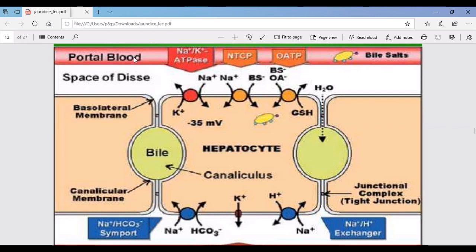This is not an obstruction in the bile duct, but it's like a virtual obstruction because the hepatocyte did not take the conjugated bilirubin and excrete it once more into the bile canaliculi.